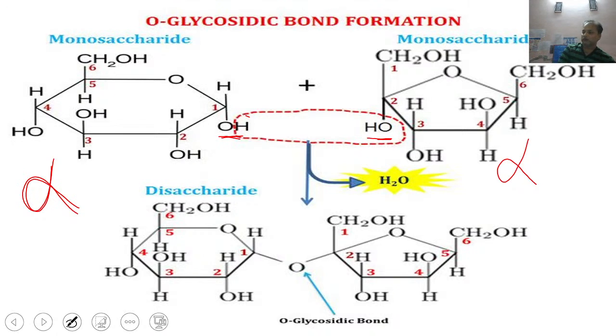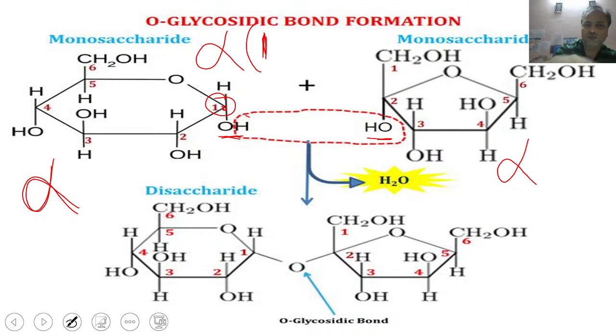So how to write the nomenclature? First we are going to write the type of carbohydrate, whether it is alpha type or beta type. So suppose I am going to use this anomeric carbon. This is alpha type, so I will write alpha. Then I will write the carbon number. This is carbon number 1 because it is the anomeric carbon. Remember, in the case of glucose, carbon number 1 is anomeric.